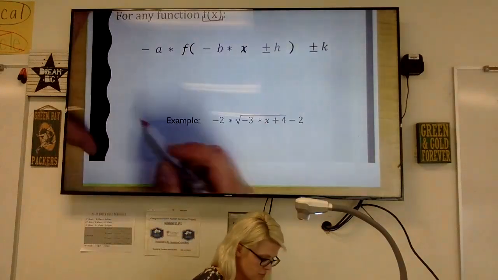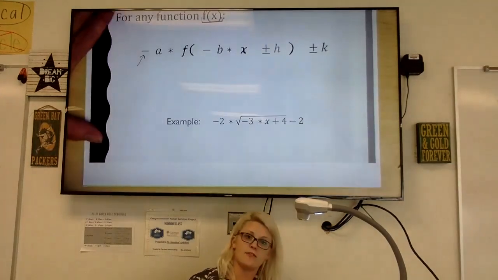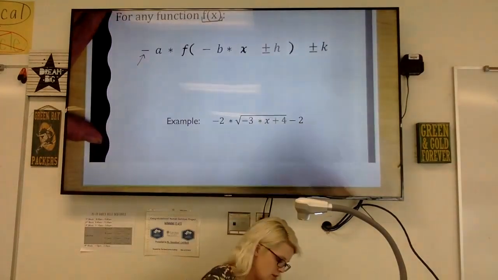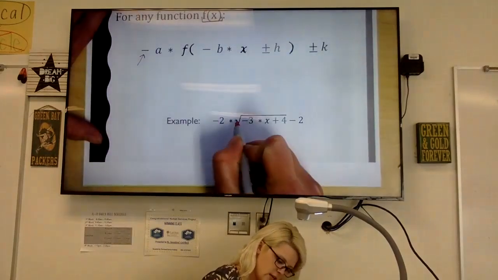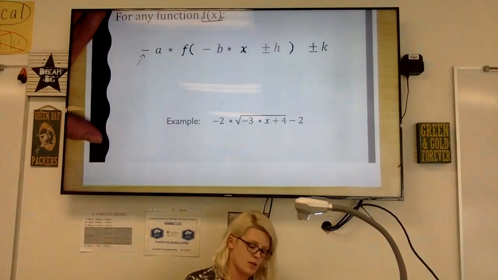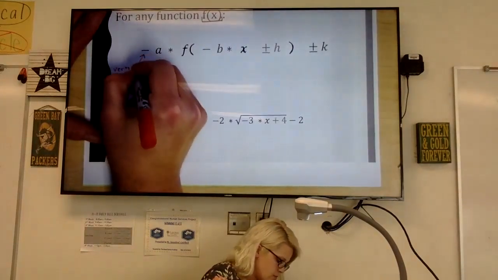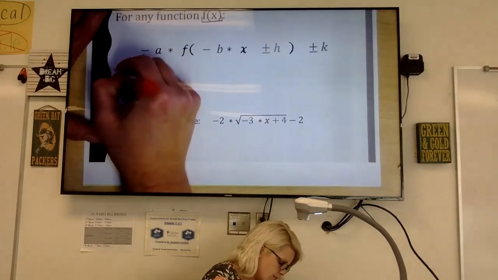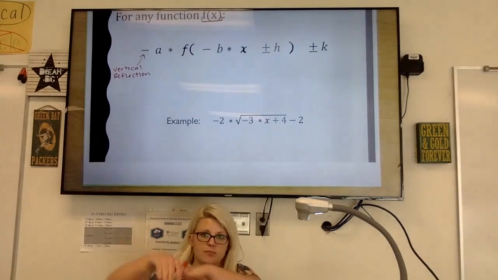So negatives: anytime you see a negative in front, that is going to represent a reflection. If it is outside the function, like here, outside the square root function, then I would say that represents a vertical reflection, or reflection across the x-axis.